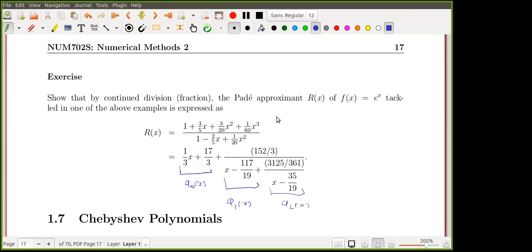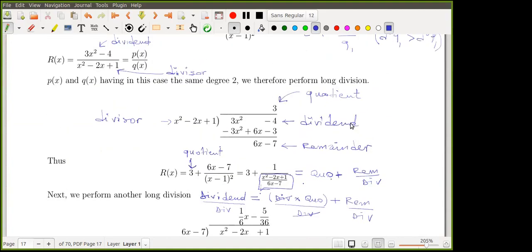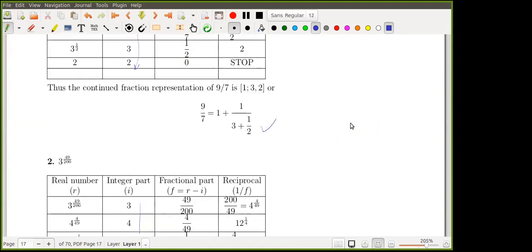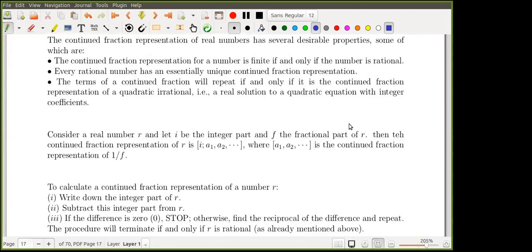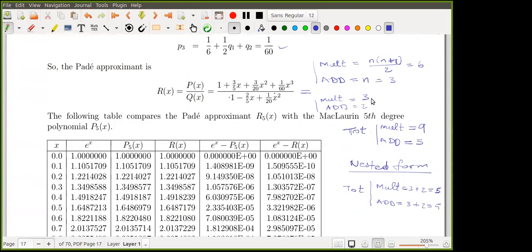Okay, now if you recall from what we mentioned above, in terms of computation, this is what we found.